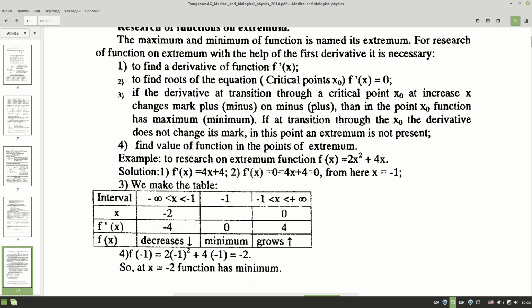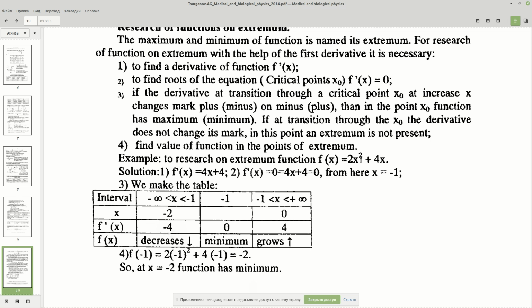Setting f prime of x equal to 0, 4x plus 4 equals 0, here x will be minus 1.